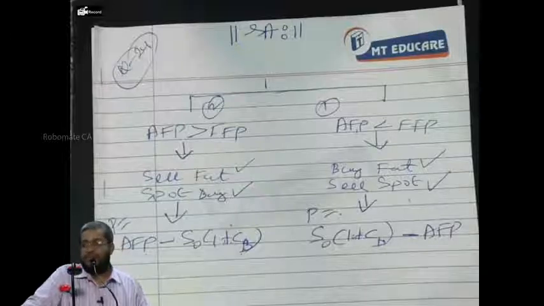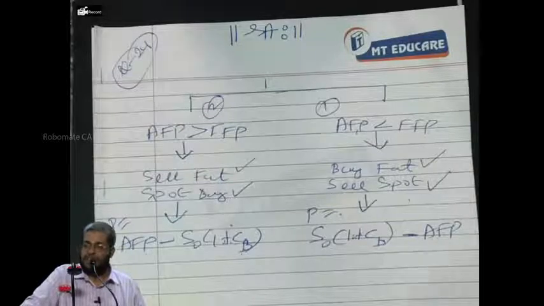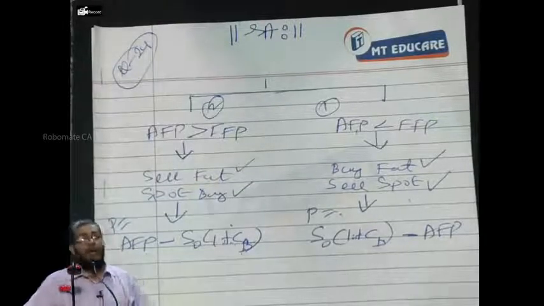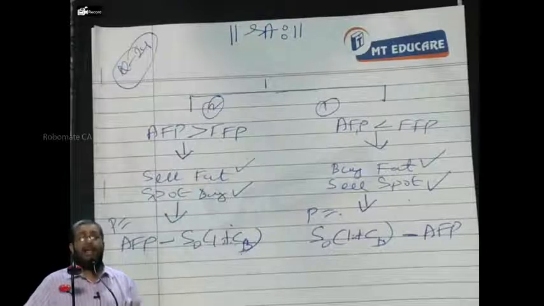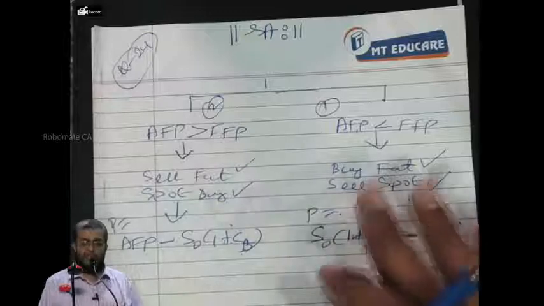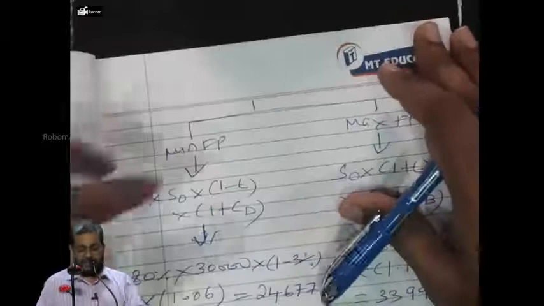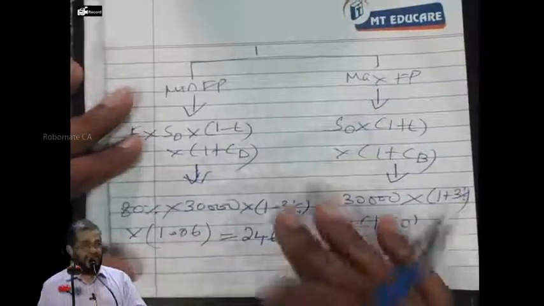Arbitrage exists when the actual futures price is below minimum and above maximum. Everybody understanding it or not?